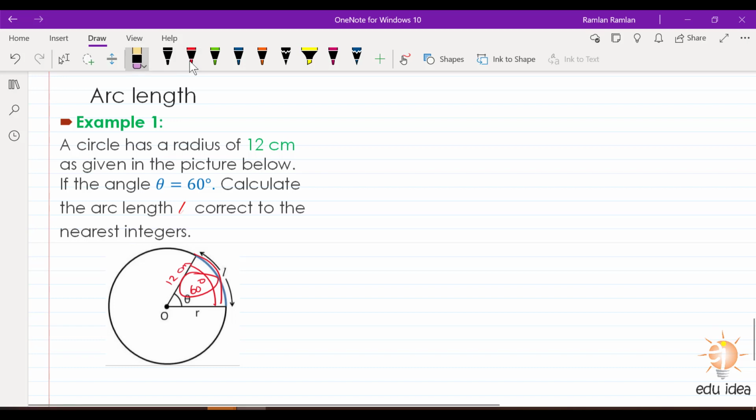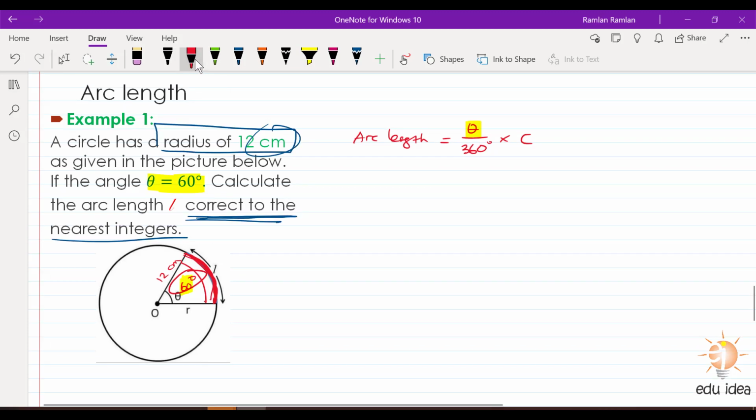So again, guys, when we go back to the formula, the arc length is just equal to theta over 360 multiplied by the circumference of the circle itself. In here, because we're looking for the length of this curve, it can be calculated by this 60 degrees, because this 60 degrees represents the angle that formed this arc.